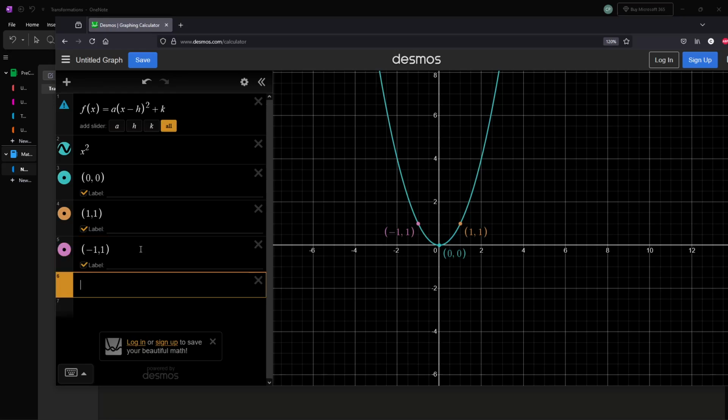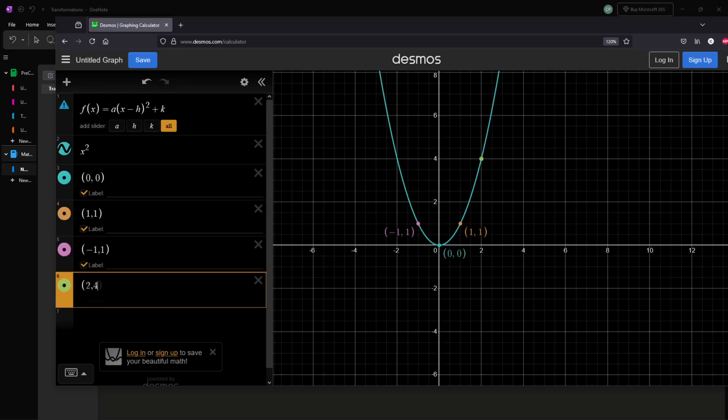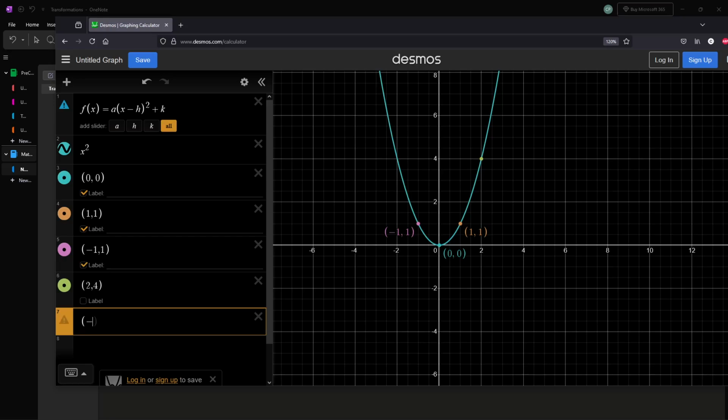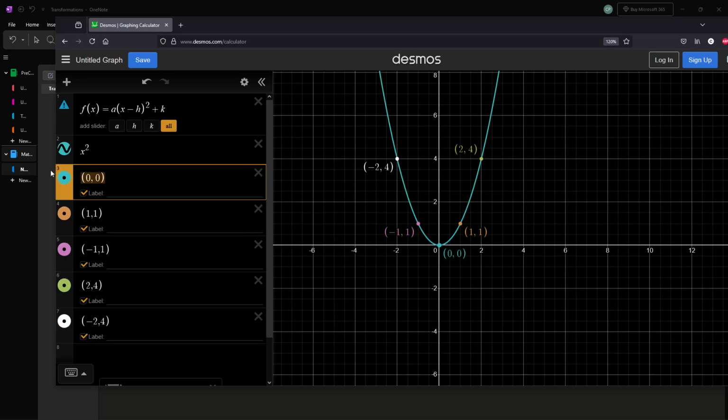We also know some other key points, such as 2, 4, and negative 2, 4. But I want us to get super comfortable that at least the first 3 we know immediately. The second 2, the fourth and fifth one, we can always get there. But you need at least 3 points to draw a curve, and the first 3 are the easiest 3 all the time. The vertex and the points to the left and to the right of it. These points are vital.